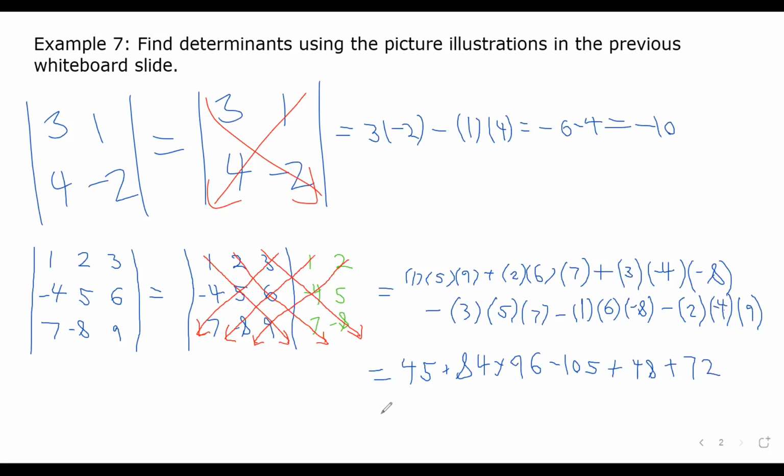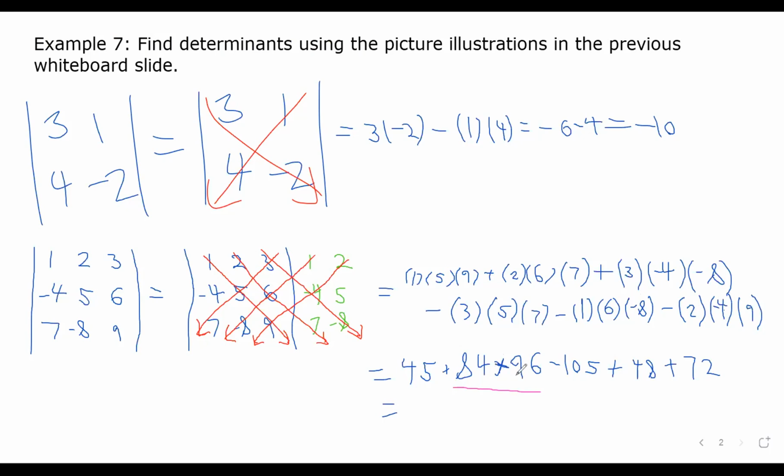So when you add up all these numbers, first you could do 96 plus 84, that's 180. So these two numbers, when you add them up, are 180.